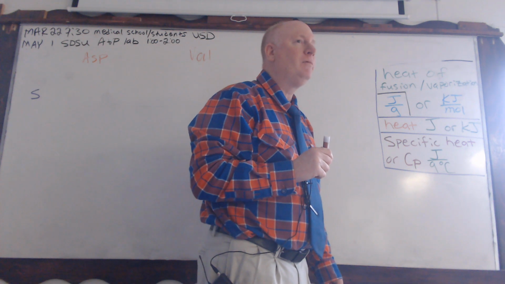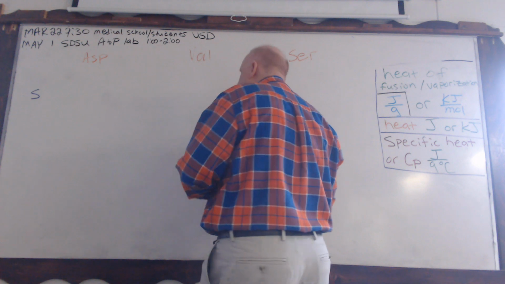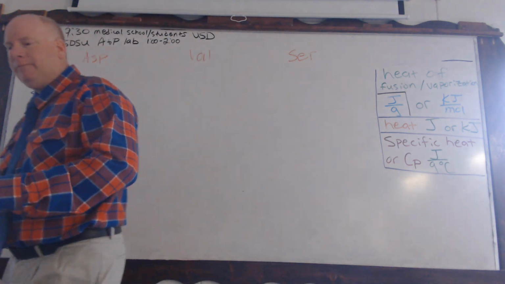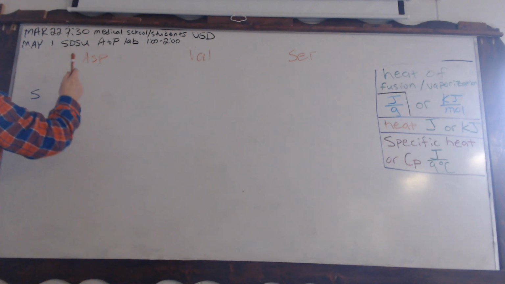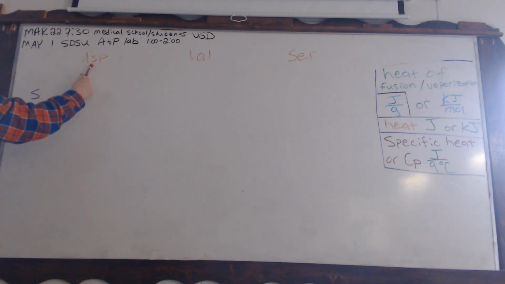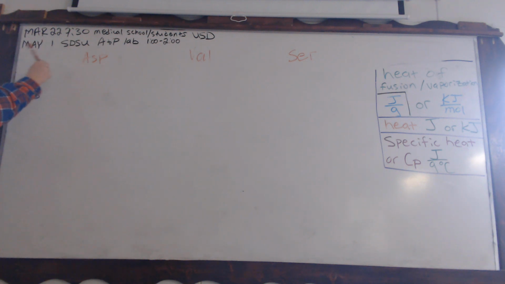Threonine? Serine. Okay. And I just put this up here for my convenience. I don't know, asparagine, valine, and serine. Because that might be aspartic acid, but regardless, we're going to draw it as asparagine.